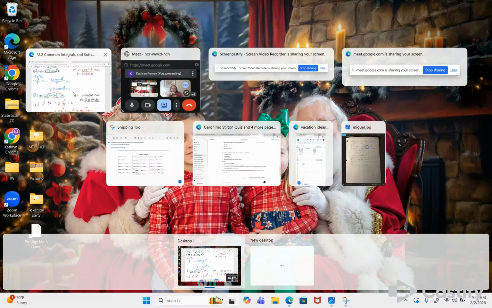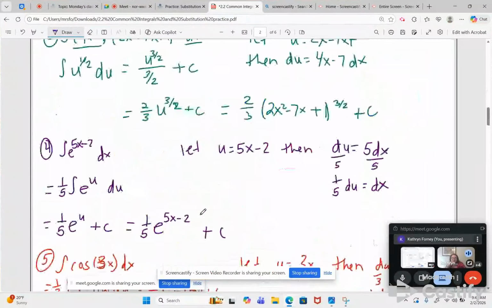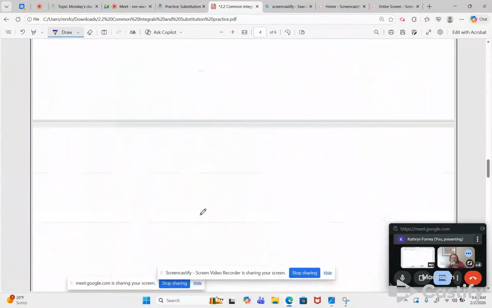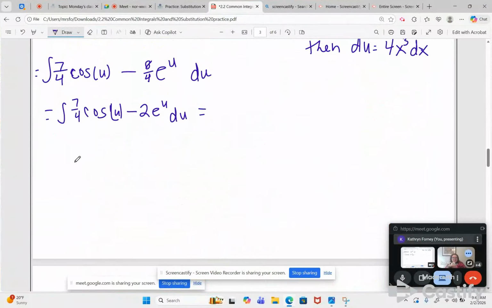So that would be 7/4 sine u minus e to the u, the antiderivative, you could also go reference, is e to the u plus c.